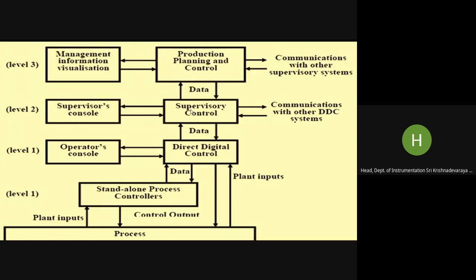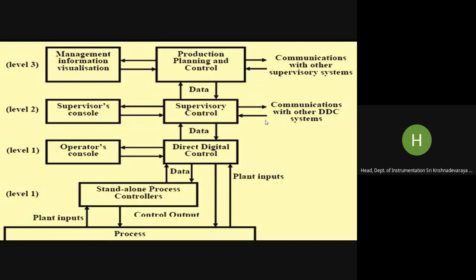They will all be displayed live either in green or in red. If it is functioning according to the set point, it is displayed as green. If there is some error or deviation, it is displayed as red. That's how the supervisory control takes place.